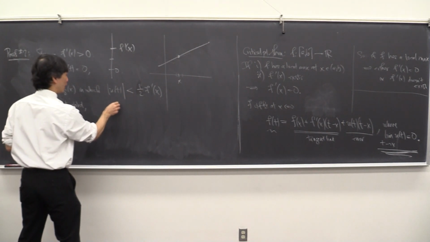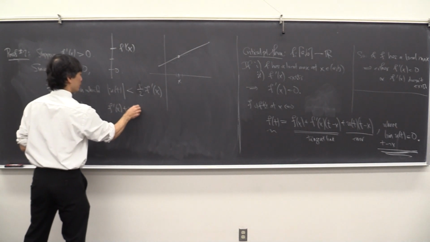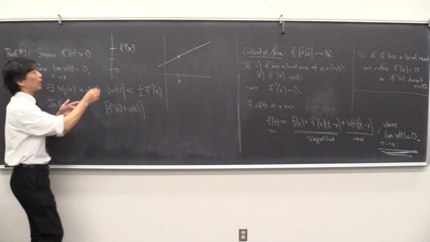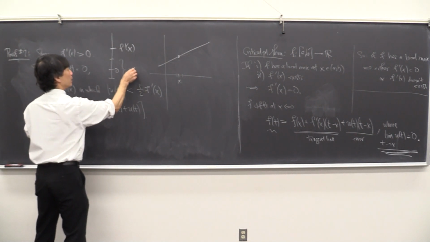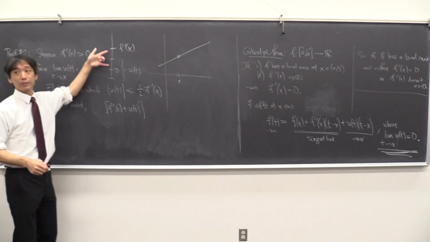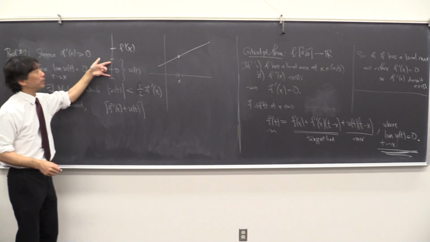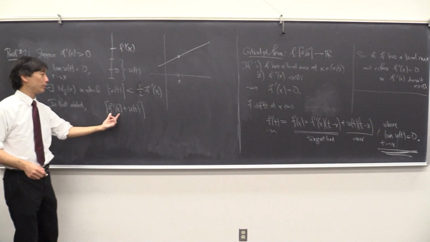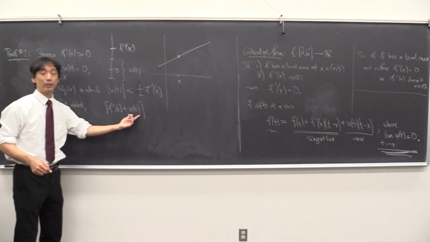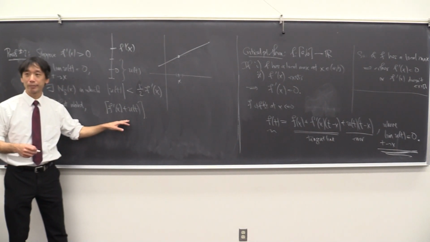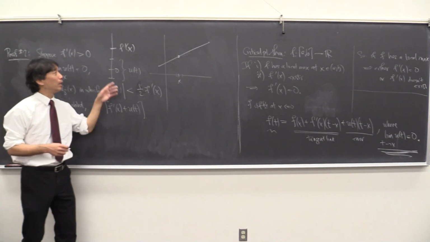Okay. So then in that neighborhood, if we look at f prime x plus u of t, what can you say about it? I know that u of t is smaller in absolute value than half of f prime x. Now I add this to f prime x. Anybody see what you can say about that? I have this number.